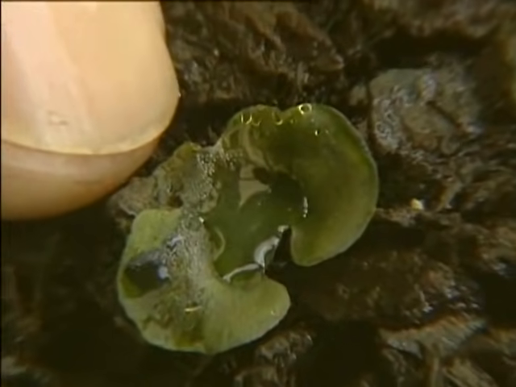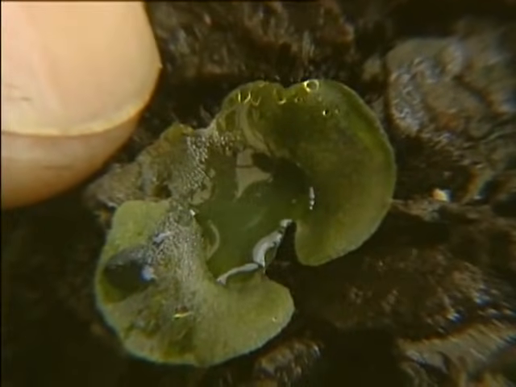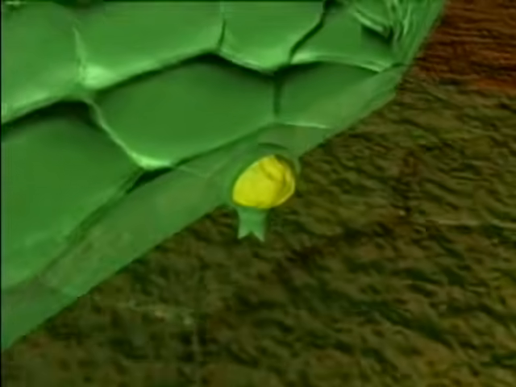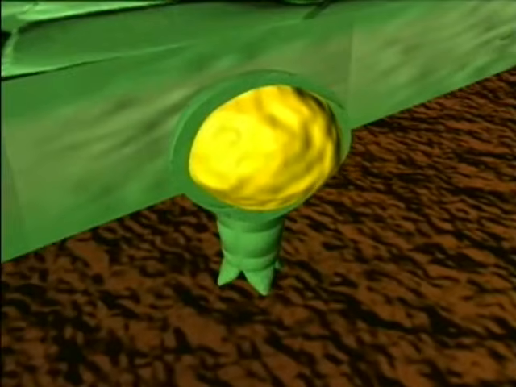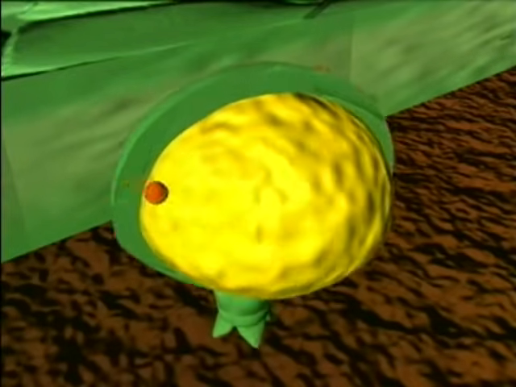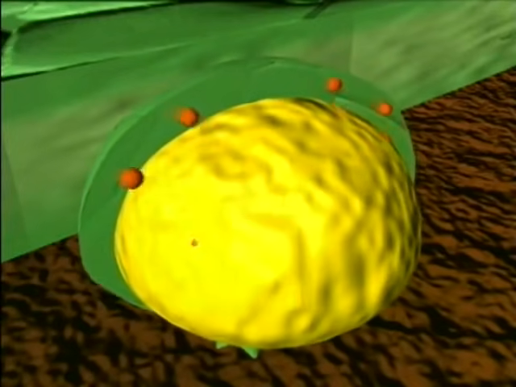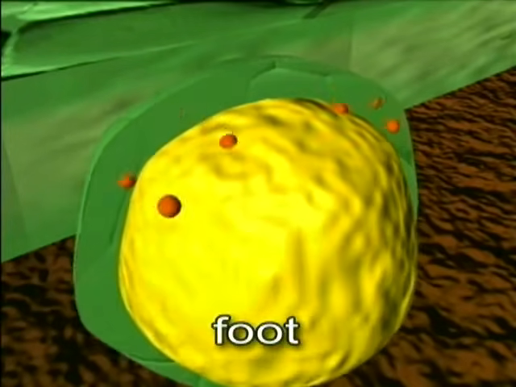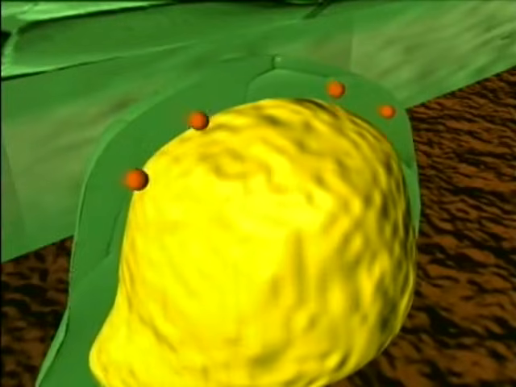The fertilized egg remains attached to the gametophyte. Inside the archegonium on the lower surface of the gametophyte, the zygote begins to divide, forming the embryo's sporophyte plant. The uppermost part of the embryo, the foot, absorbs nutrients from the surrounding gametophyte tissue.